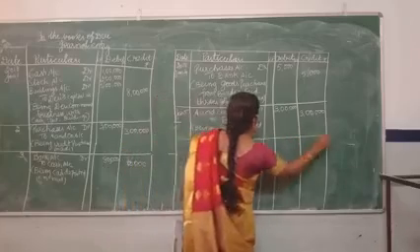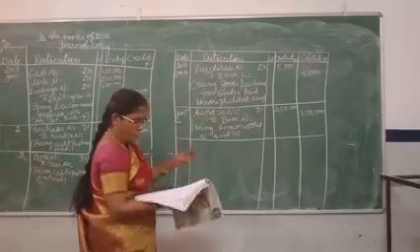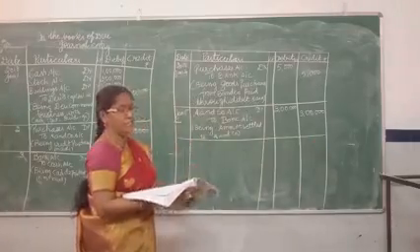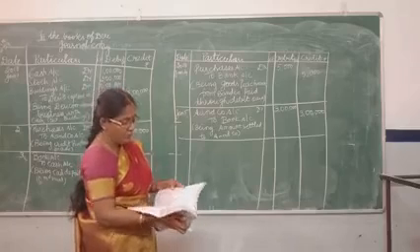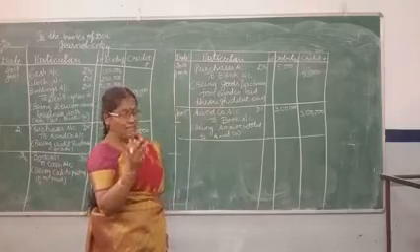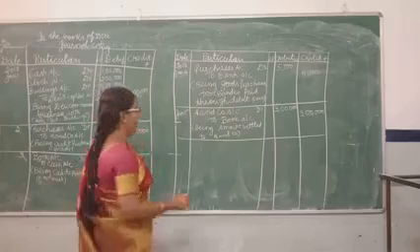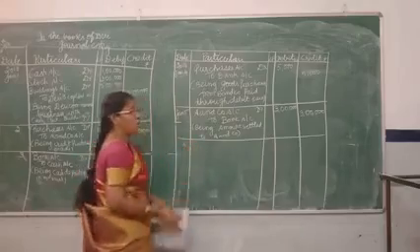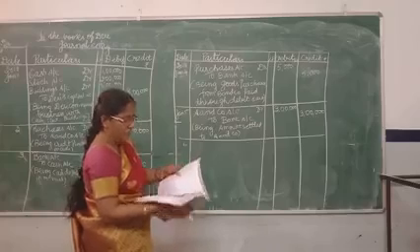Next transaction, January 6. Sold goods to C&Co and check received. That means what? Bank transaction. Cash account debit to sales. See, whenever we receive a check, we have to treat it as cash.